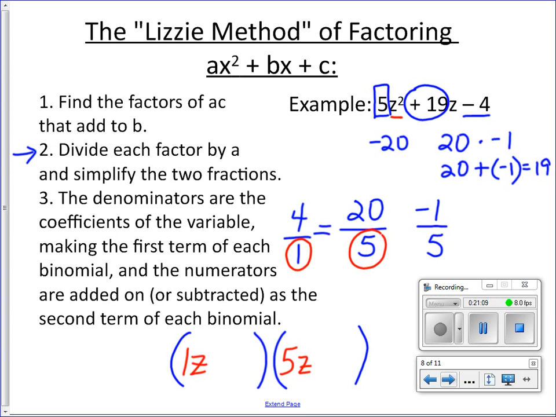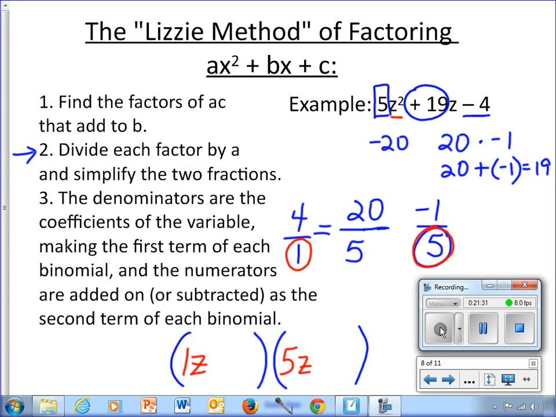Our numerators, and I'm sorry, I circled the wrong 5. I don't want to confuse you here. We'll use this one right here. And let me circle that in red. All right, sorry for the interruption. Okay, let's go back, just to be sure that there's no problem.